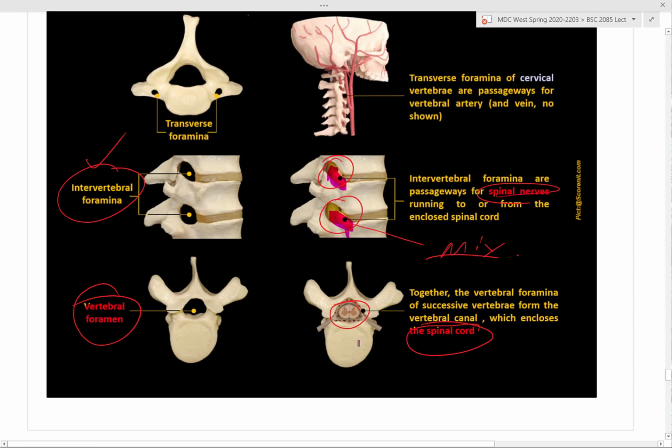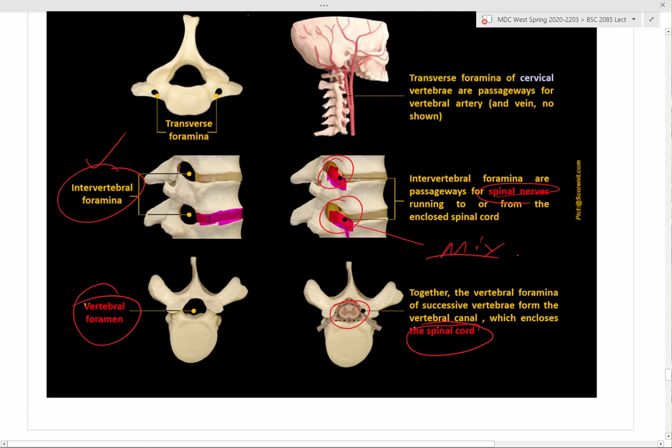Have you guys ever heard of a hernia? Where does the hernia take place? What is herniating? There are different types of hernias, right? Everybody calls it a hernia, but here it is the disc herniation, that is what is herniating.